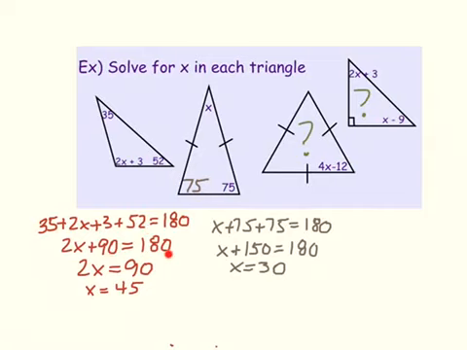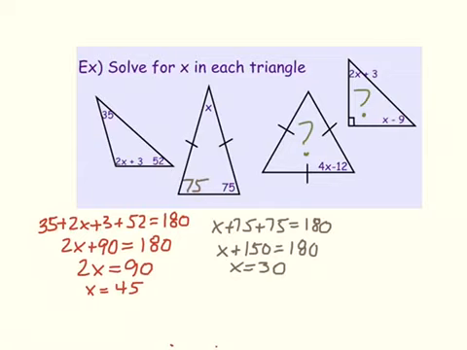Then subtract 90 from both sides, then divide both sides by 2, and I find that the x value is 45. If I actually wanted to figure out what this angle is, I would do 2 times 45, which is 90, plus 3, which is 93. So the measurement of this angle is 93, and 93 plus 35 plus 52 equals 180.